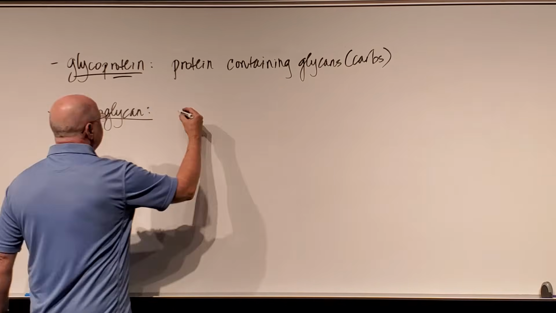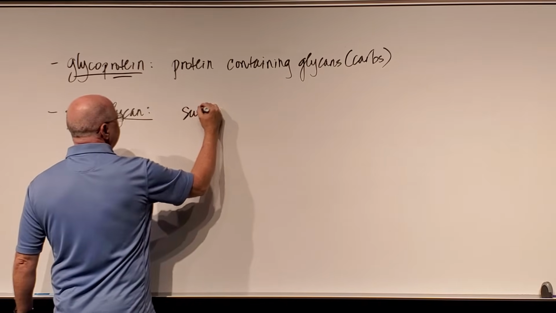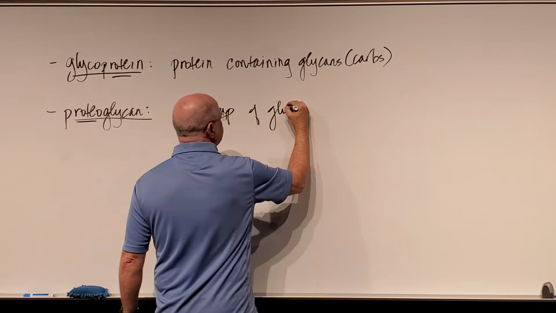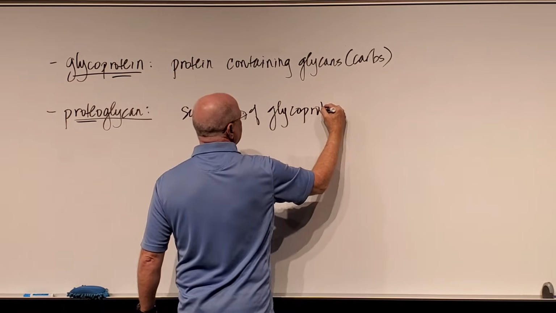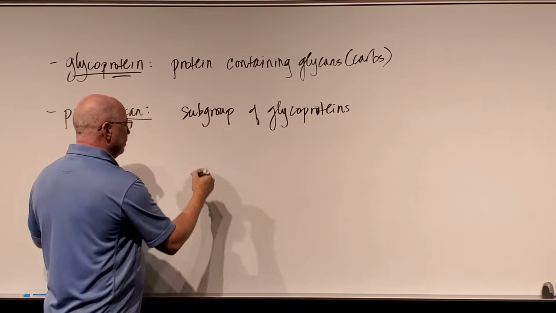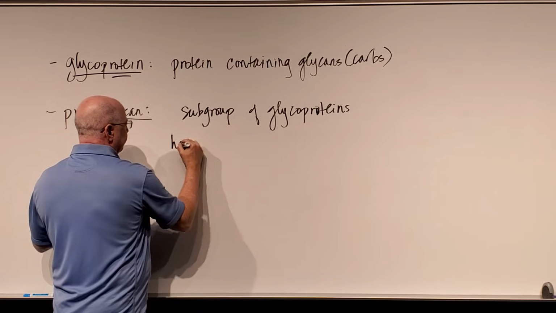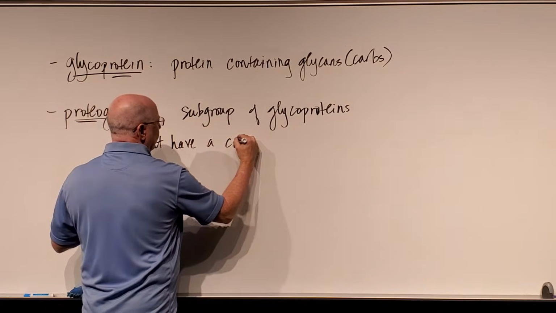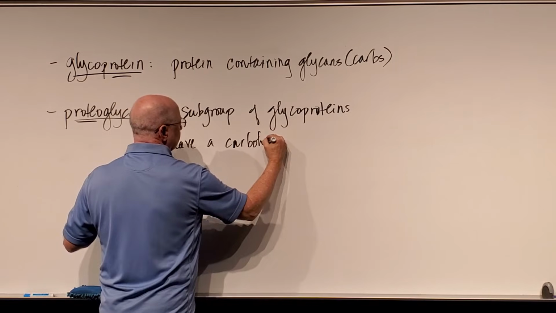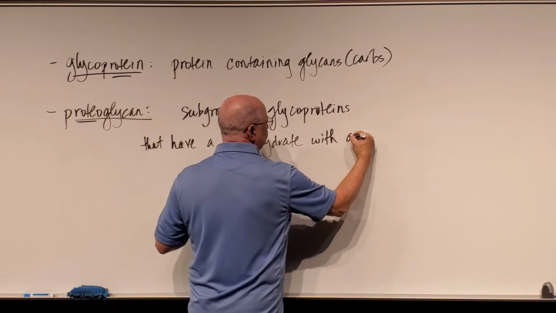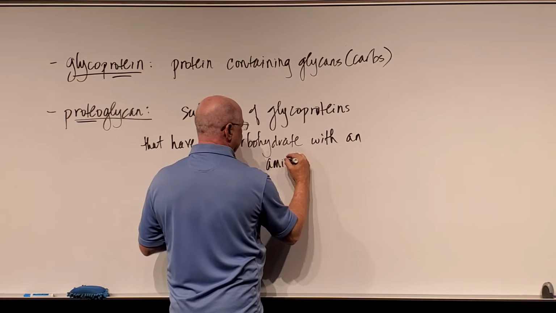Now the difference between that and a proteoglycan is, a proteoglycan is a subgroup of glycoproteins. So these are glycoproteins, but they have a carbohydrate with an amino acid bound to them.